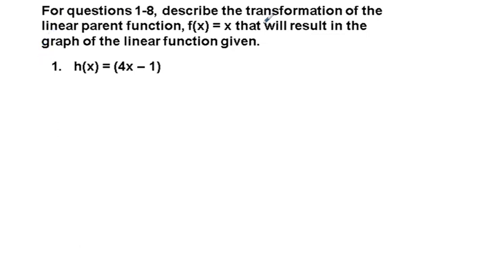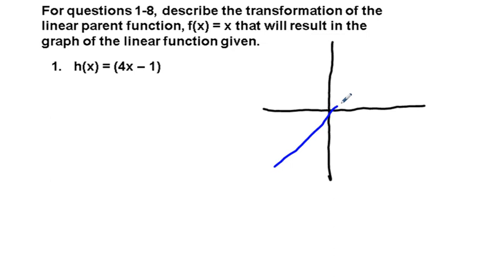For questions 1 through 8, describe the transformation of the linear parent function f(x) equals x that will result in the graph of the linear function given. So really what we're looking at is we have a parent linear function, which is going to be the equation y equals x, and I'm drawing that right here, a diagonal line, y equals x.